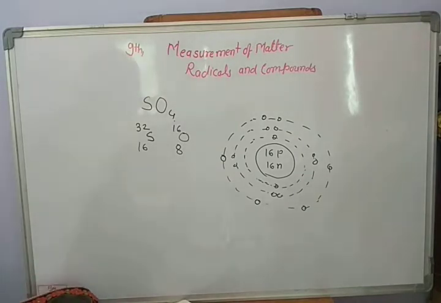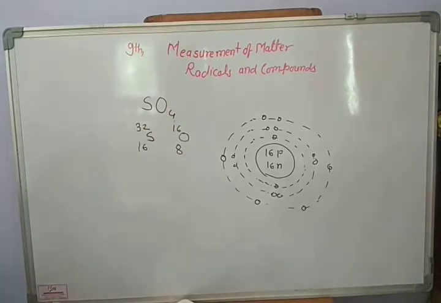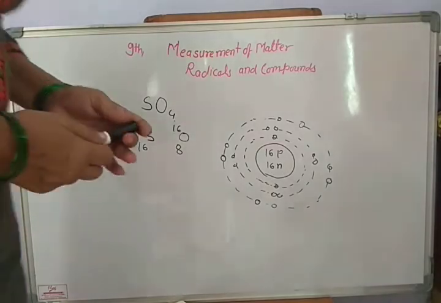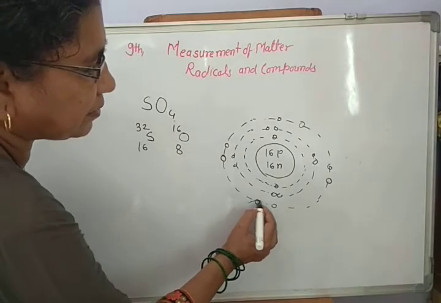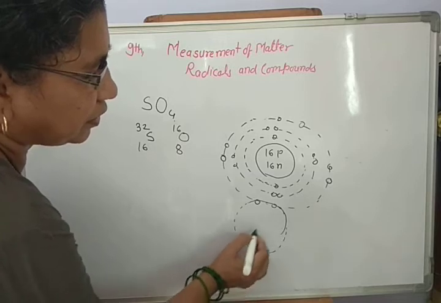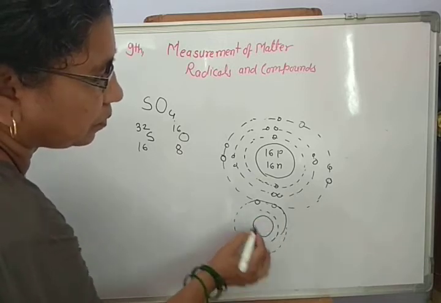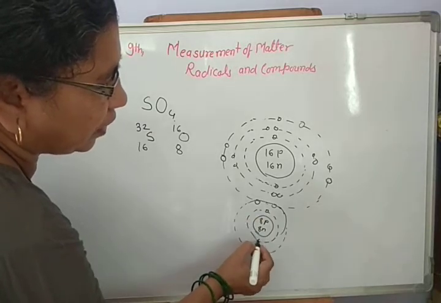Now oxygen, which can form an extended octet, is attached to every part of this sulfur ion. This is a very complicated radical. First, what happens? 2 oxygen atoms share electrons with these 2. 8p, 8n, 1, 2.